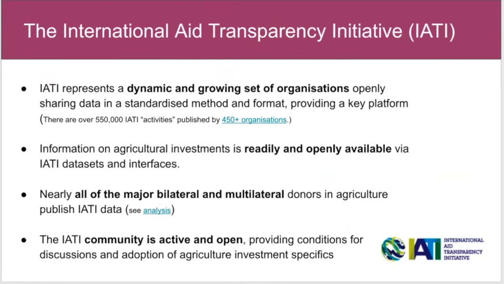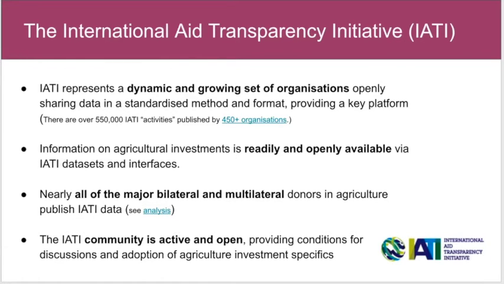Thank you, Tim. So as Tim says, we took a look into the existing data shared with the International Aid Transparency Initiative, and we found across the board there's something around 500,000 IATI activities published by over 450 different organisations.